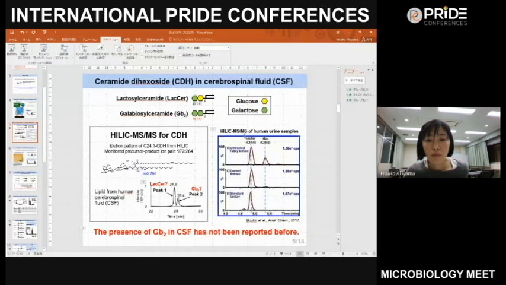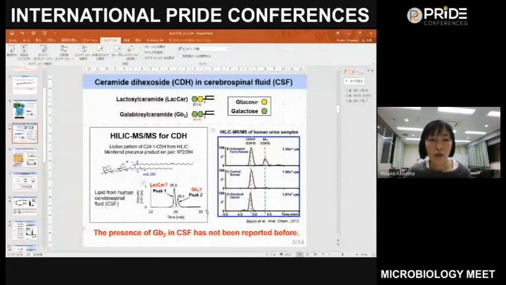The presence of lactosylceramide in CSF has already been reported; however, the presence of GB2 in CSF has not been reported before. We speculated that these two peaks might be lactosylceramide and GB2, and then we decided to purify CDH from CSF and analyze its structure.